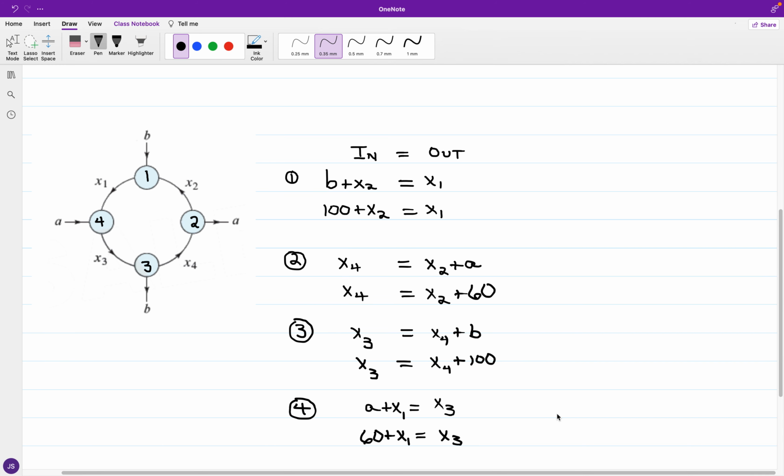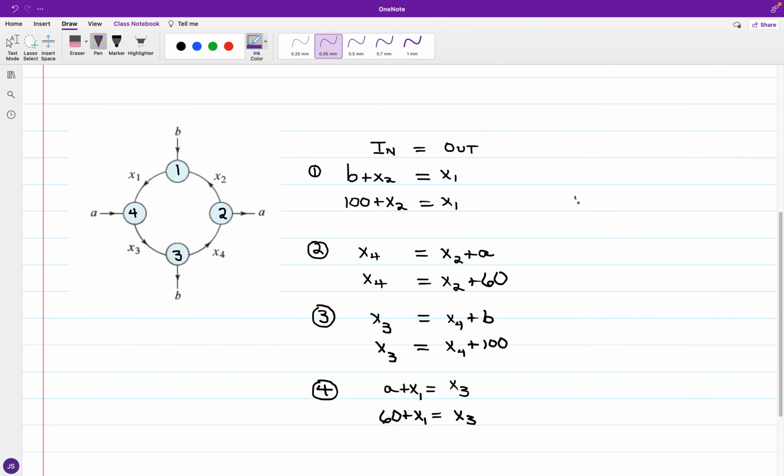Taking what we have, if we set up a system of equations, I gather the variable terms and put the lower subscripted variable first. We have x of 1 minus x of 2 equal to 100. Next, x of 2 minus x of 4 is equal to negative 60.